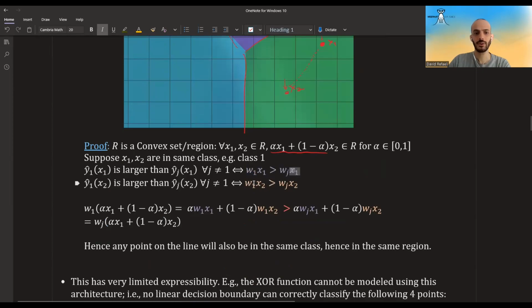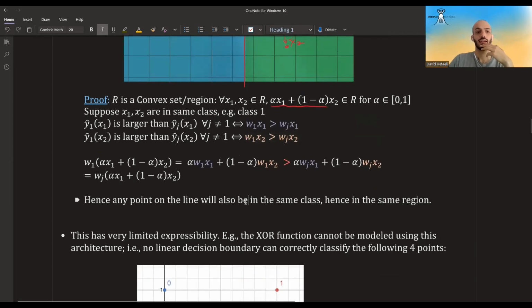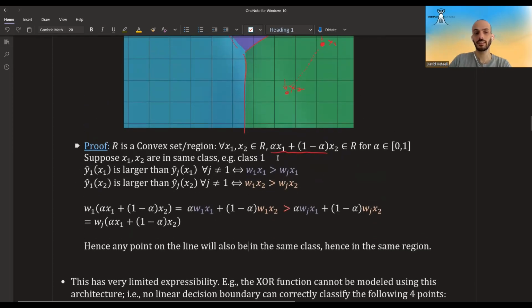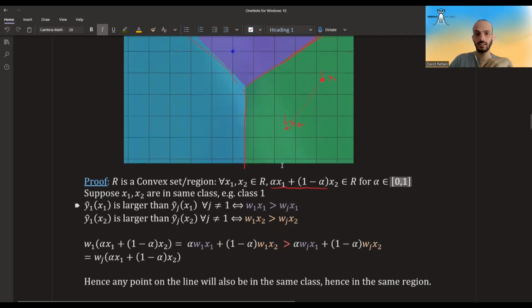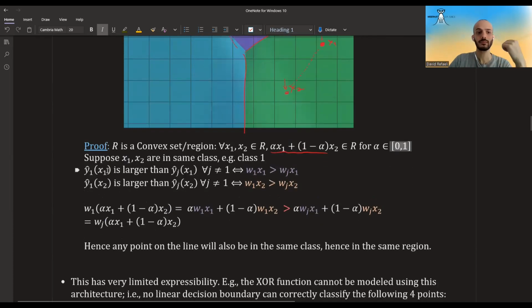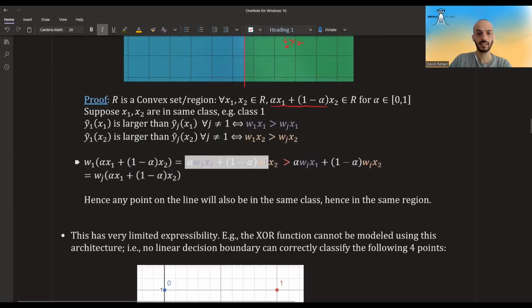Okay, and the same goes for x2. So w1x2 will be bigger than all the other wx2. It will be bigger than w2x2, and it will be bigger than w3x2. Okay, so now let's look at what happens for all the other points. If we take w1 times any other point, where alpha can change from 0 to 1, any other point in that line that connects x1 and x2, and open it, we get this expression.